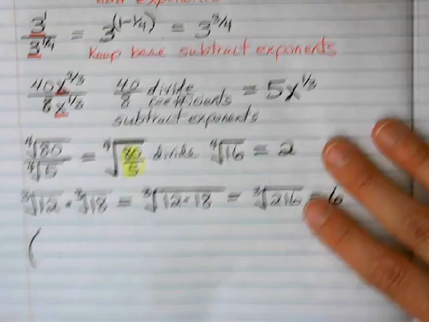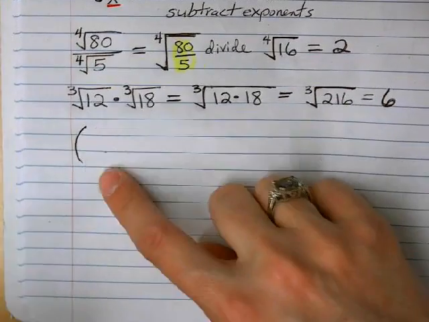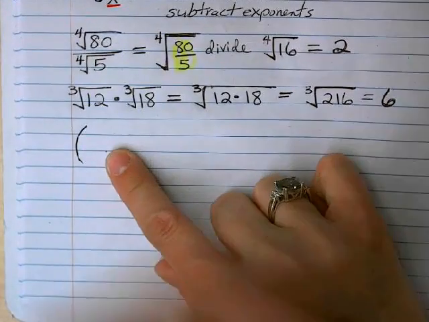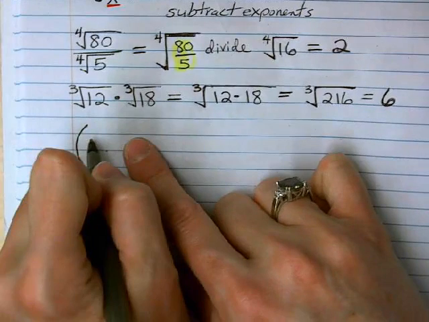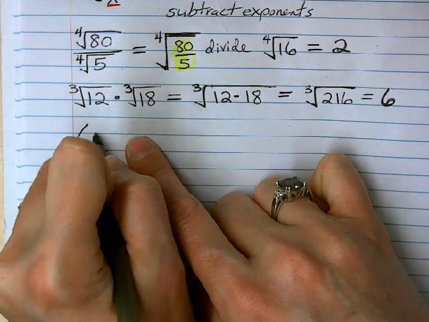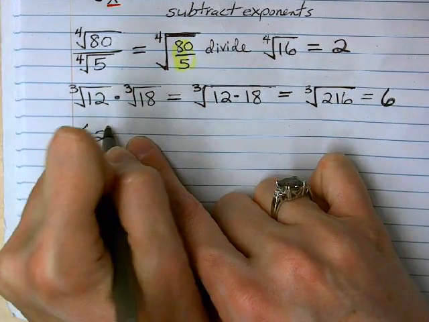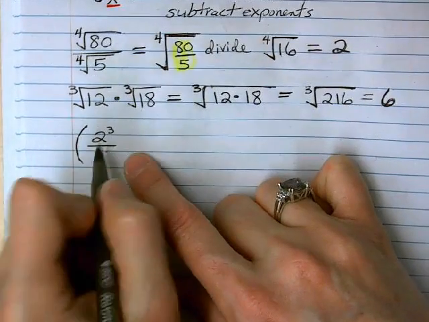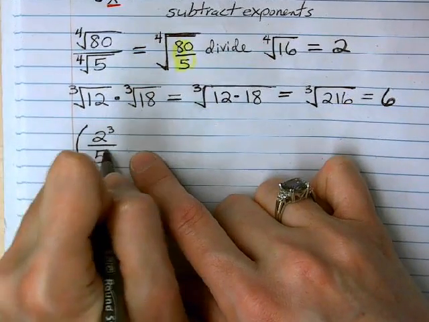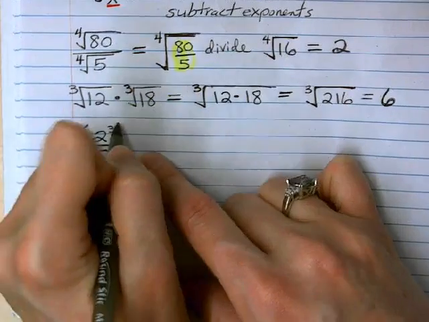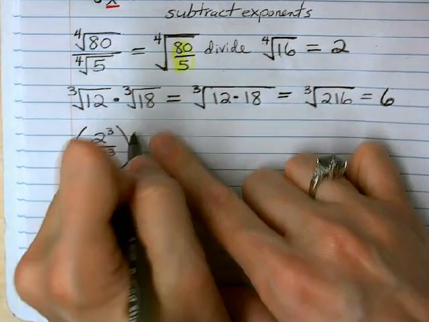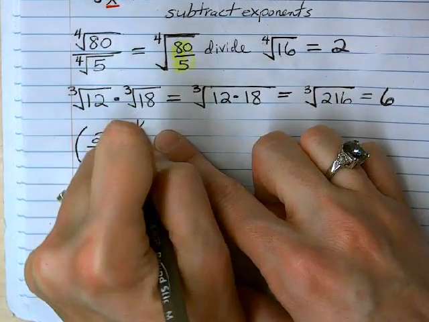Okay, parentheses, guys. What if you have parentheses around things? Like, what if we have 2 to the 3rd power over 5 to the 3rd power, and the whole thing's in parentheses, and then out here it has negative 1/3 power. We didn't do parentheses yet.